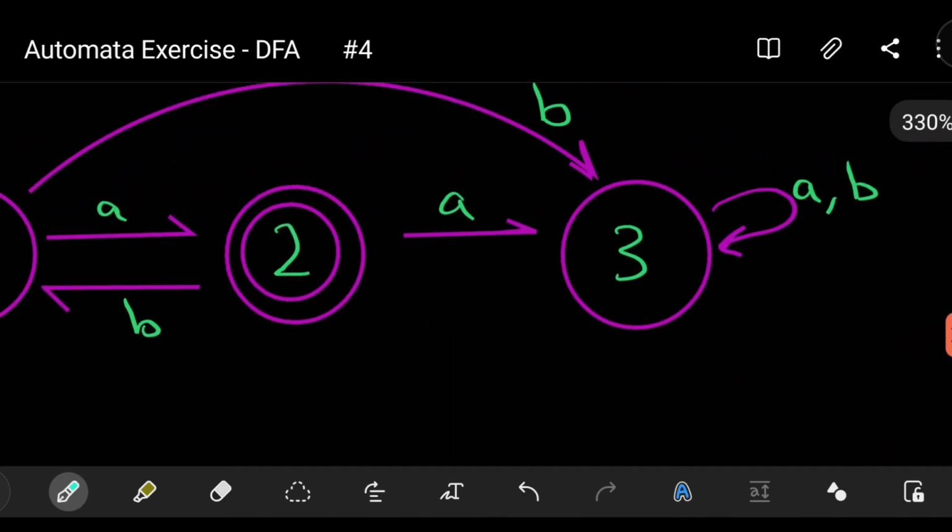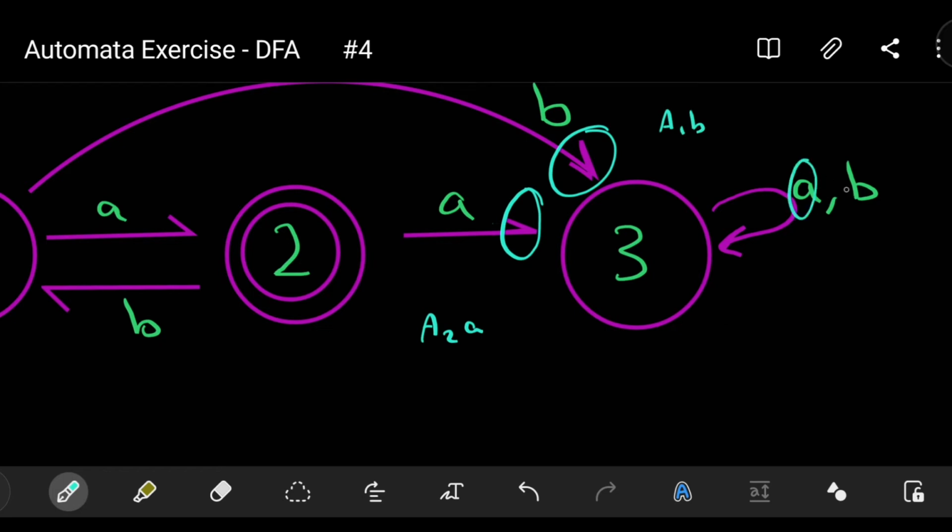We go to A3, we have A coming from 2, so A2A. We have B from 1, so it is A1B. And we have A and B coming from A3 itself, so A3B and A3A.